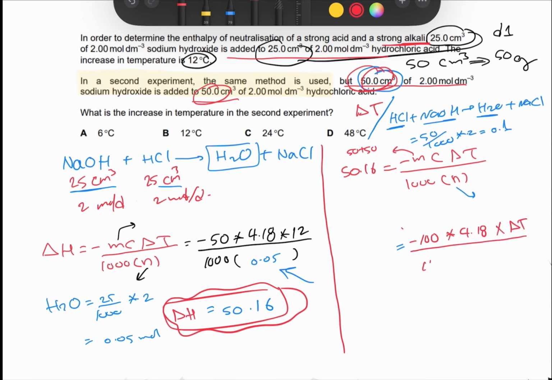We divide over 1000, and this is 0.1, and we have to use the delta H value that was calculated because we're using the same conditions, the same strong acid and base. All right, 50.16 here. And if you use your calculator at this point, delta T is equal to 12. And the answer here is B.